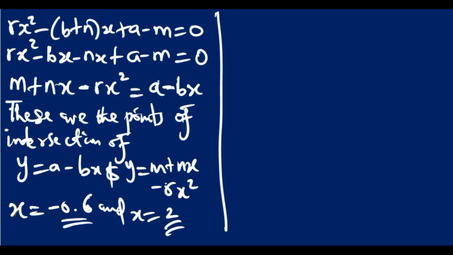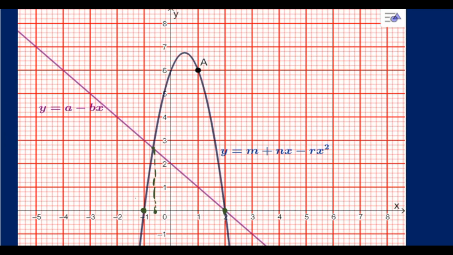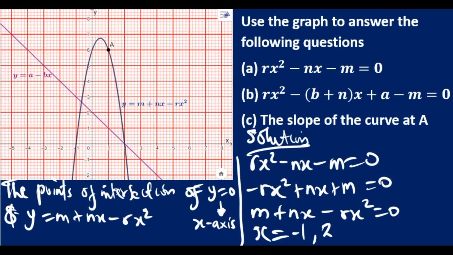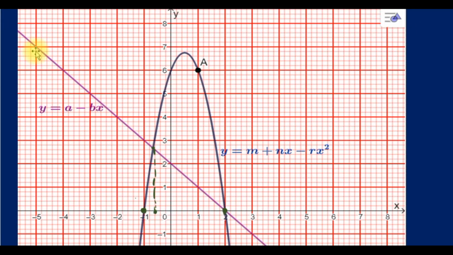So finally, we are asked to find the slope at point A. Remember, the slope of any curve at a given point is the slope of the tangent line at that same point.